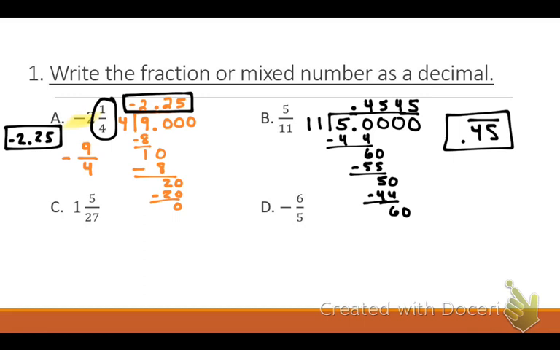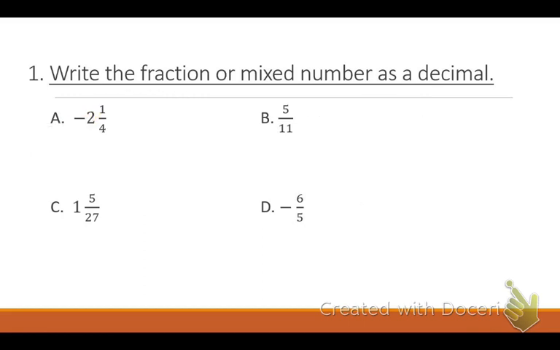All right, we're going to move down to problem C. 1 and 5/27. What should I do to that mixed number first? Multiply it by 27. Okay, let's turn it into an improper fraction. So what would that be as an improper fraction? Very good, 32 over 27.